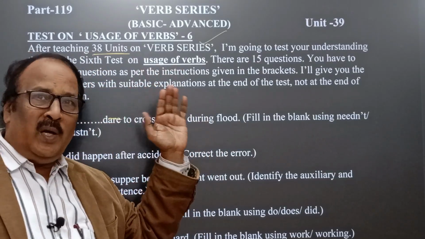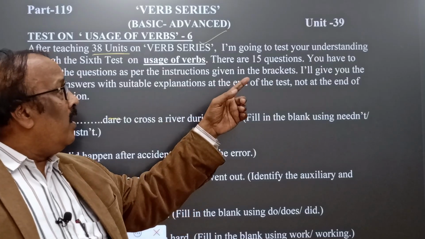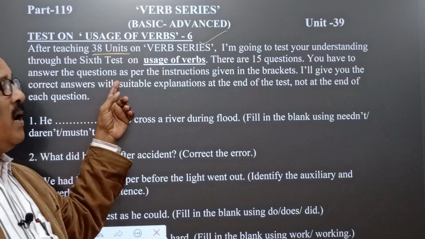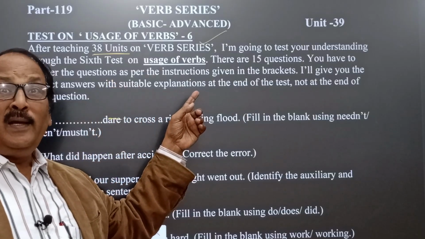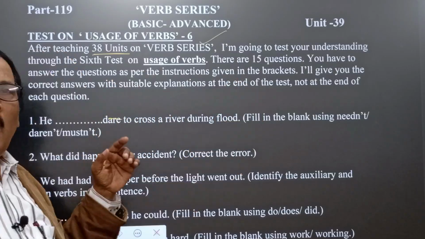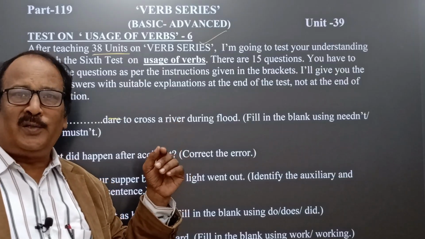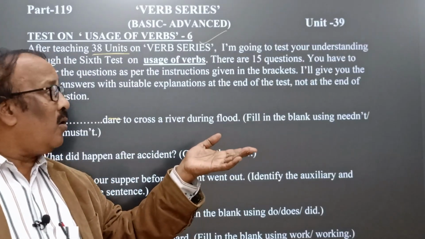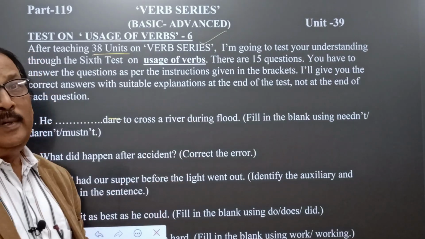There are 15 questions and it is your duty to answer the questions as per the instructions given in the brackets. I will give you the correct answers at the end of the test, not at the end of each question.